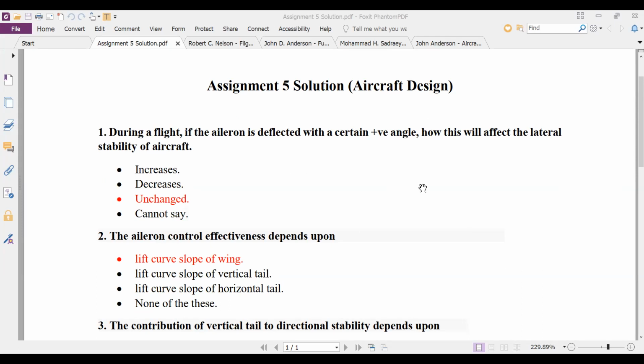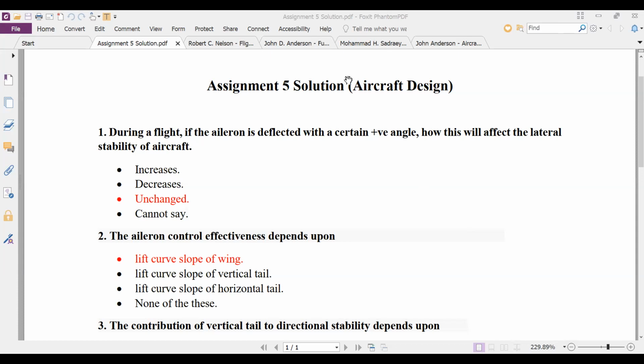So we'll start. This is your first question from the last assignment. During a flight, if the aileron is deflected with a certain positive angle, how will this affect the lateral stability of the aircraft? This question relates to lateral stability, which is actually roll stability.